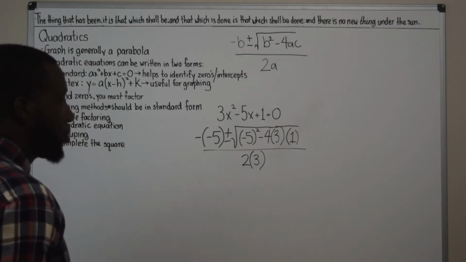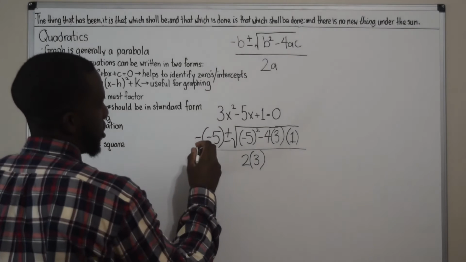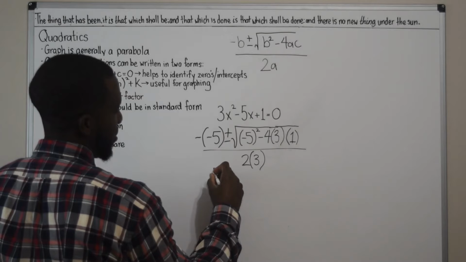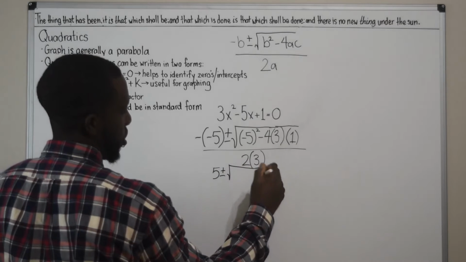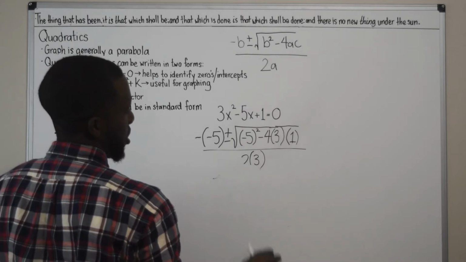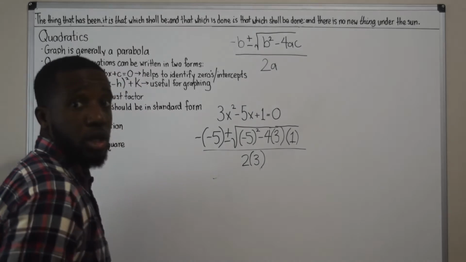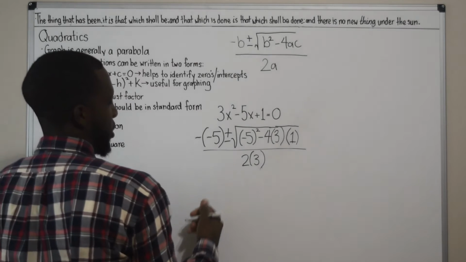So now all we have to do is just simple arithmetic. So negative times a -5 is +5 plus or minus the square root. Let me write this somewhere else. I'm just gonna write it down here.